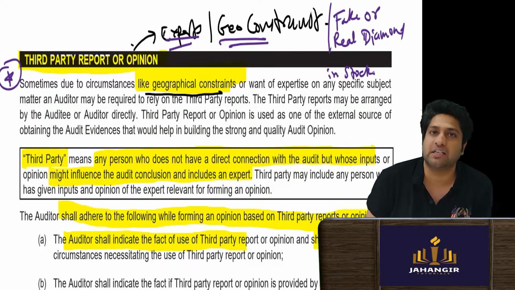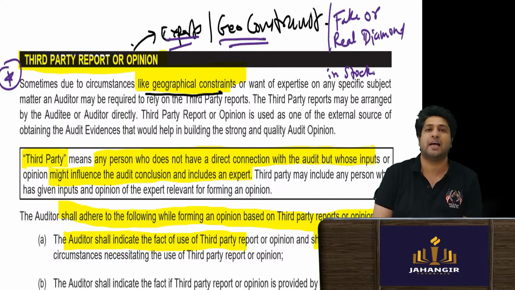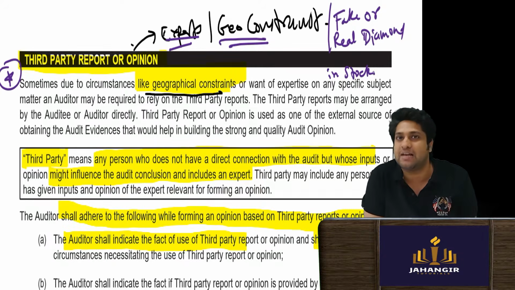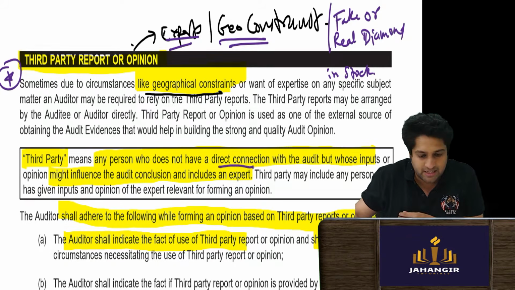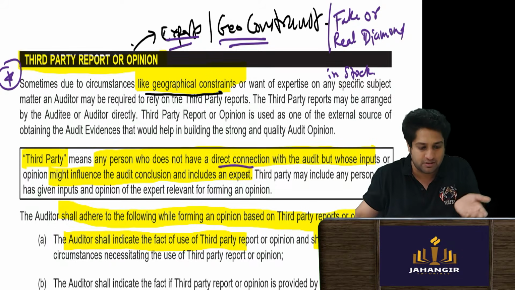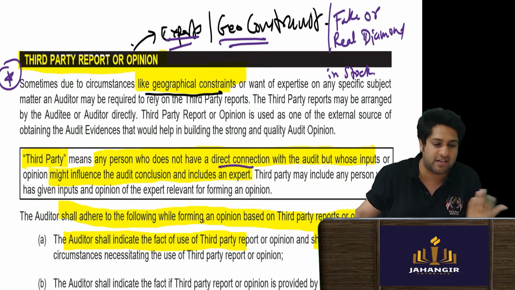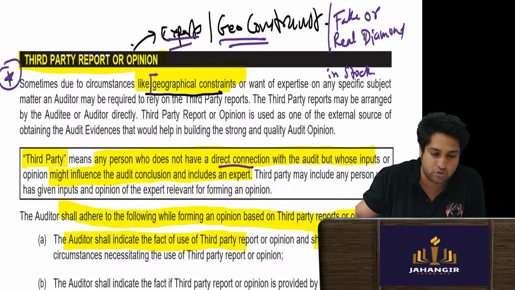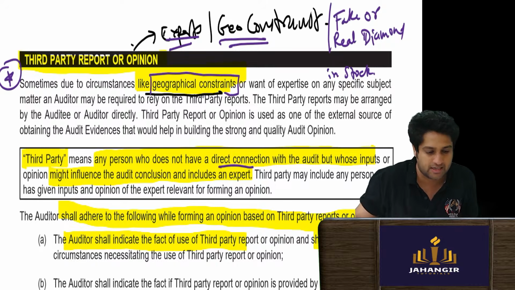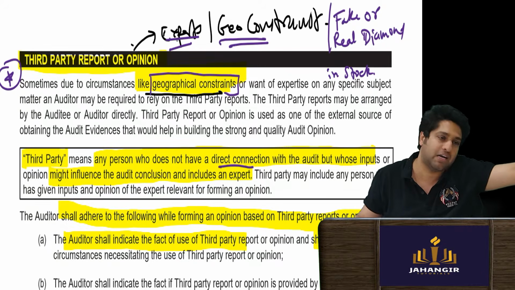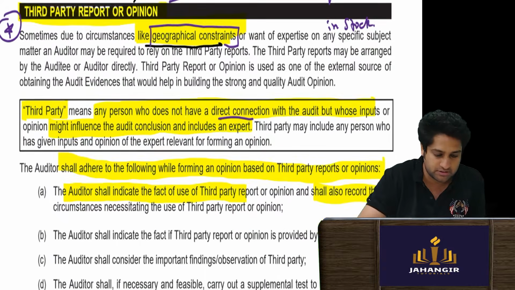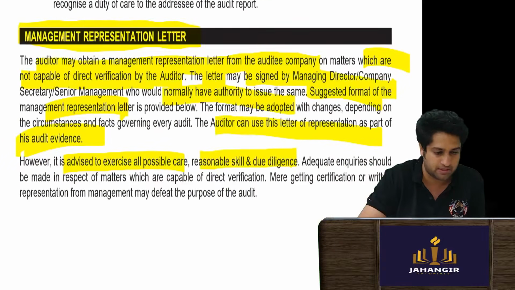I have to go and see the godown. In the godown, I can see all the diamonds. But now I want an expert opinion to tell me whether they are real diamonds or not. So third party opinions are not directly connected with the audit, but their opinion will be attached and the auditor can rely on those opinions. Maybe it could be another area, and I cannot approach there, so I can hire a consultant, or I can hire a CA from another country. So those can be done. That is about third party reliance.